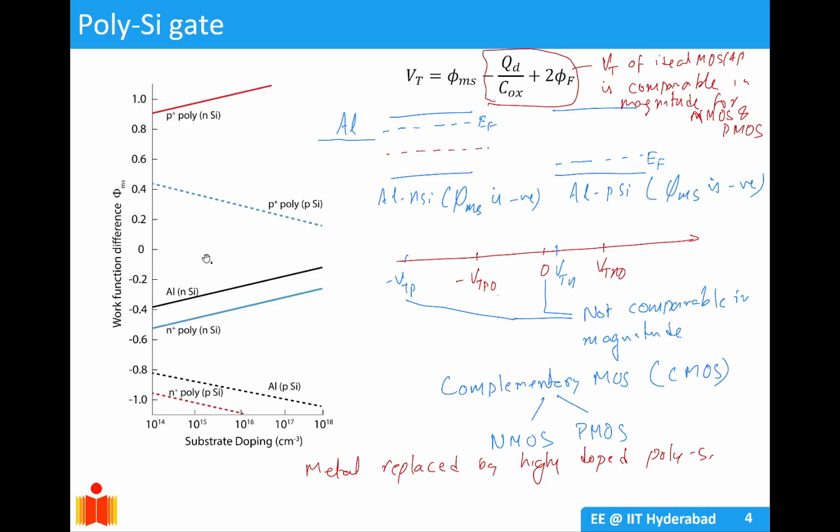Here you can see the difference in work functions for different gate metals versus different substrates.